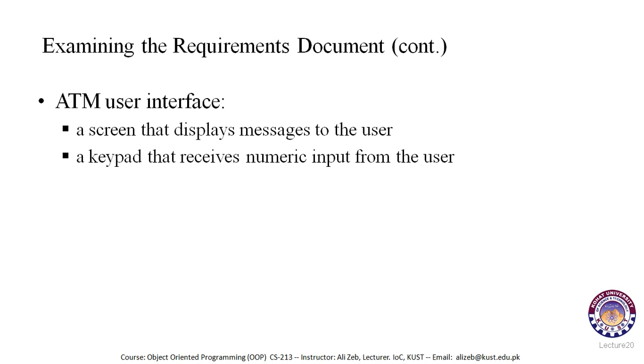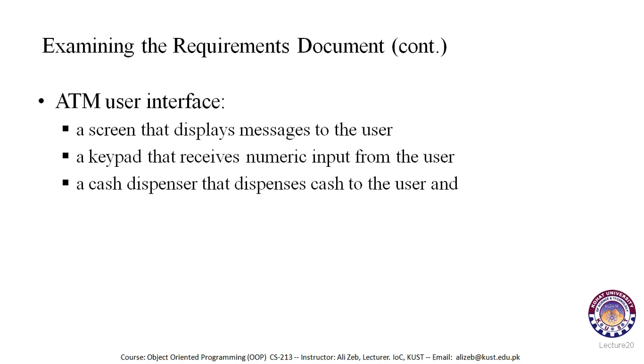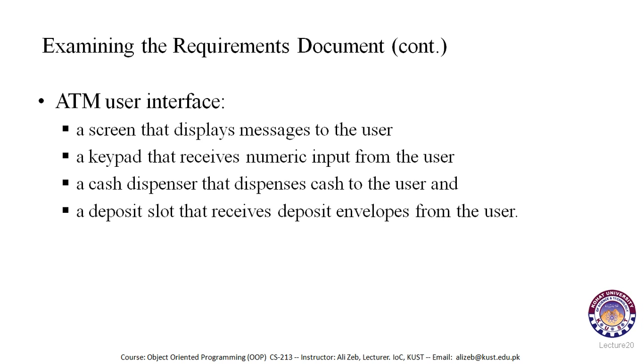It needs to have a keypad that receives numeric input from the user, as we can see with any ATM machine. It needs to have a cash dispenser that dispenses cash to the user, and it needs to have a deposit slot that receives deposit envelopes from the user.